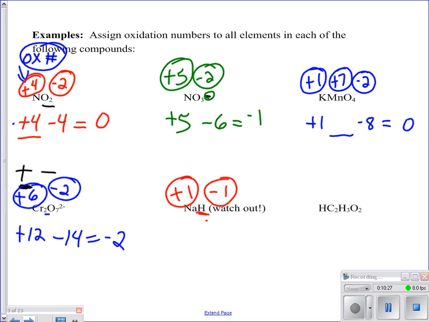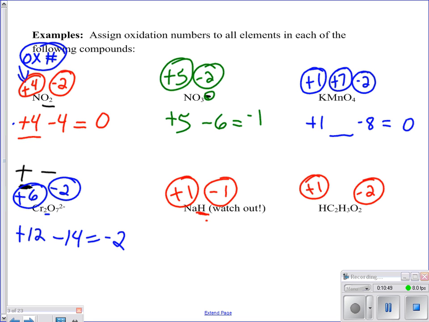All right, last example here. I go through, I know my oxygen is -2. What else do you want to say? Hydrogen, +1. For all of those hydrogens, they're all +1s. There are no hydrides. It's not a metal and a non-metal. And that means we're going to have to figure out our carbons.